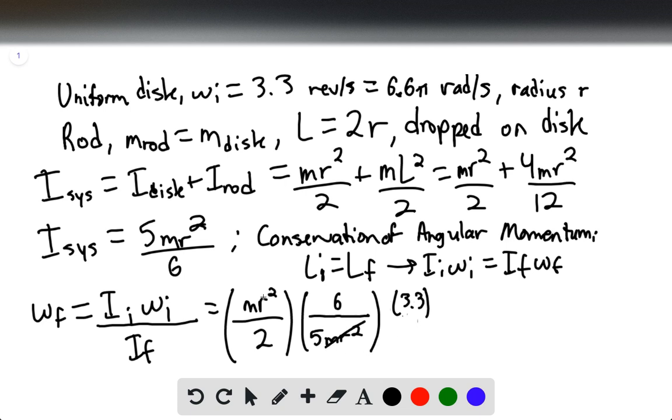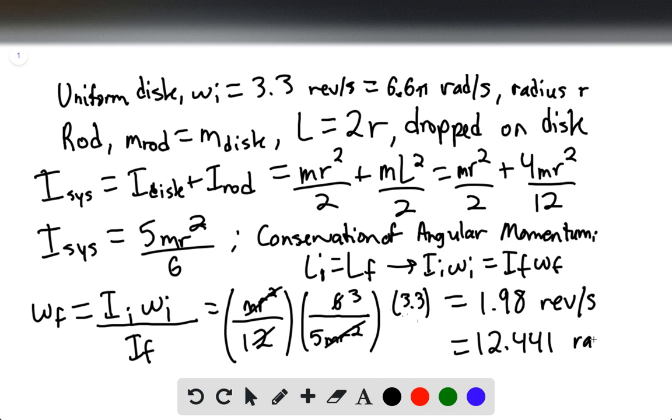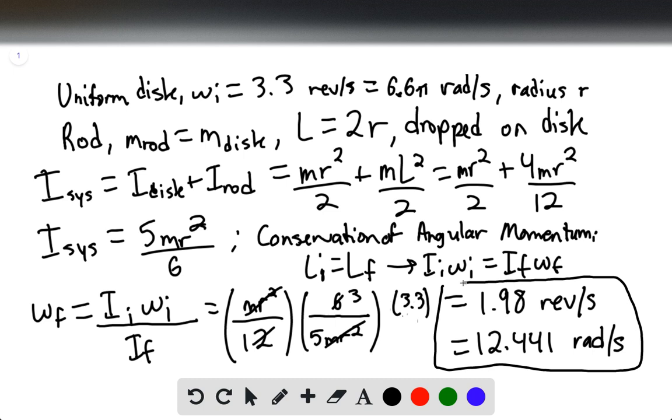So this cancels out with this, and this turns into a 3, this turns into a 1, and this becomes 3 times 3, 9.9 divided by 5, essentially 1.98 revs per second, or we can say 12.441 radians per second. So this would be our final angular velocity after the rod is dropped onto the disk.